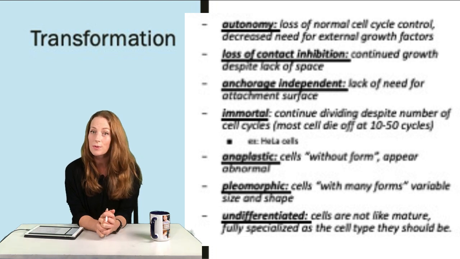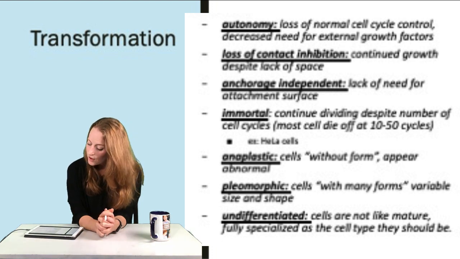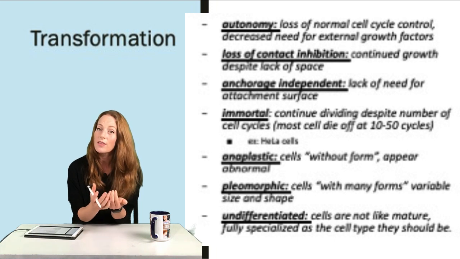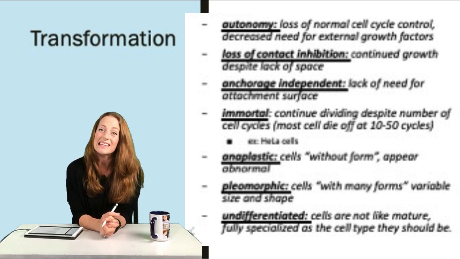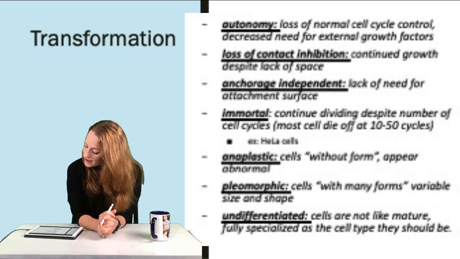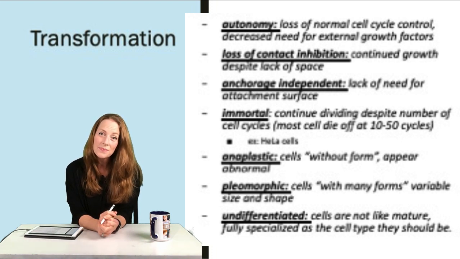Sometimes that's because they're producing their own growth factors or because the cell signaling pathways have changed. They also often lose contact inhibition, meaning when they touch other cells, they're no longer listening to the fact that they should stop growing when they bump into other cells. And so they have continued growth despite a lack of space.